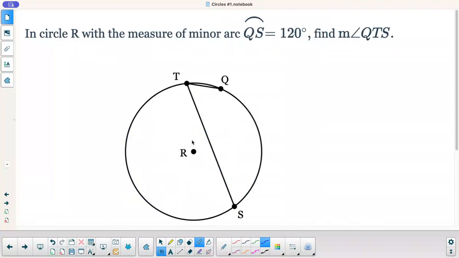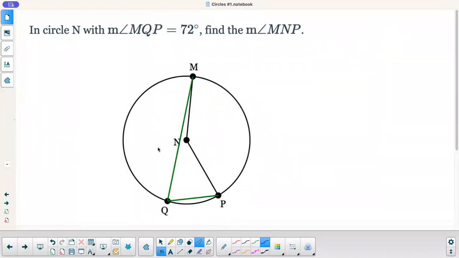Circle R here, minor arc QS is 120. So this arc right here is 120. Find the measure of angle QTS. So half of that would be 60. Okay. Last thing here, measure of angle MQP is 72 degrees, which would mean that this arc out here, arc MP, would be 144.